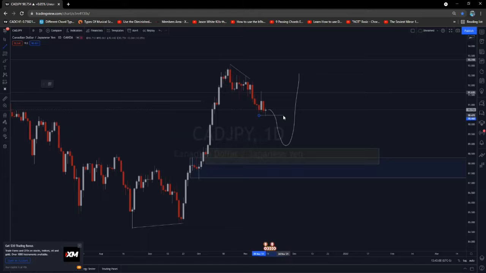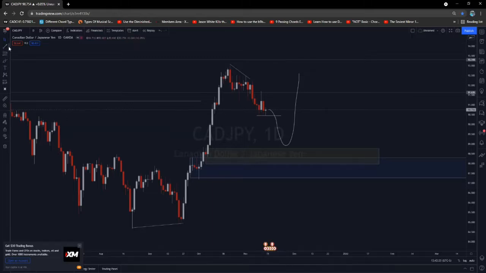I'm not sure if it will, but if it happens, that's the situation. If the market fails to break below this area and continues to the upside, and you are selling, you're putting yourself at a disadvantage. So that's why you need to wait for the market to be located at your areas that you are waiting for.